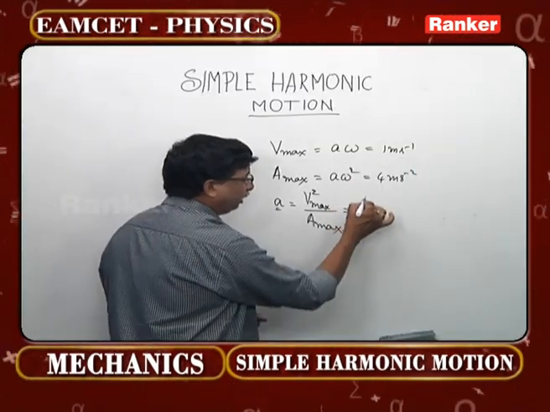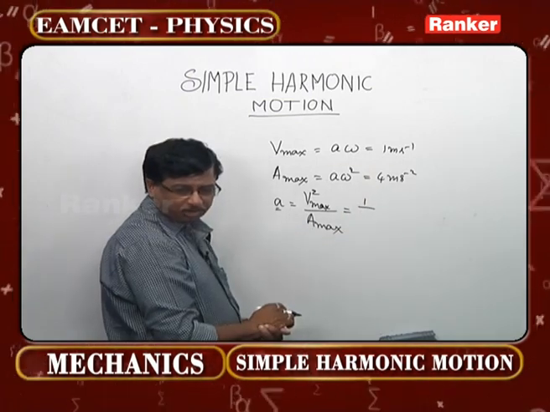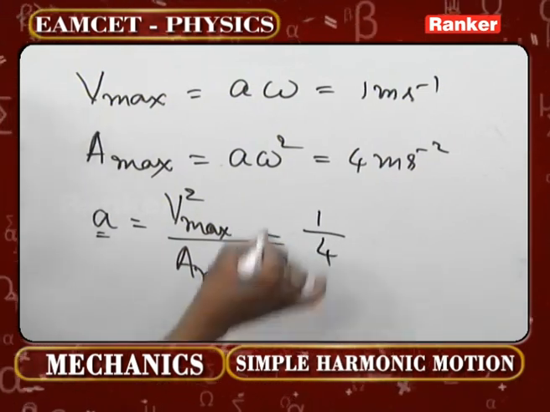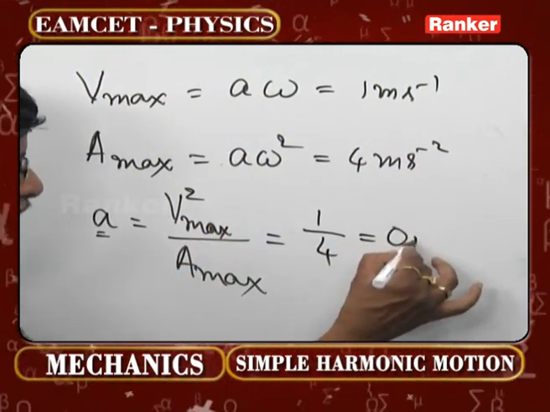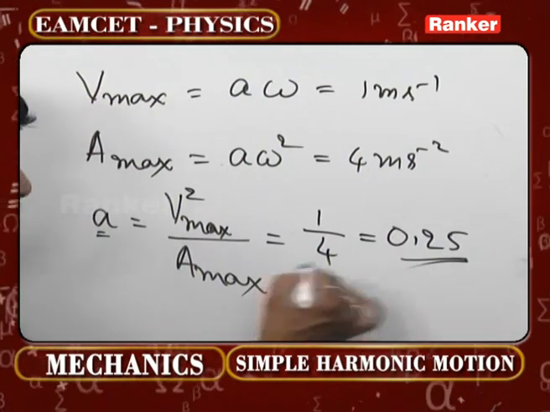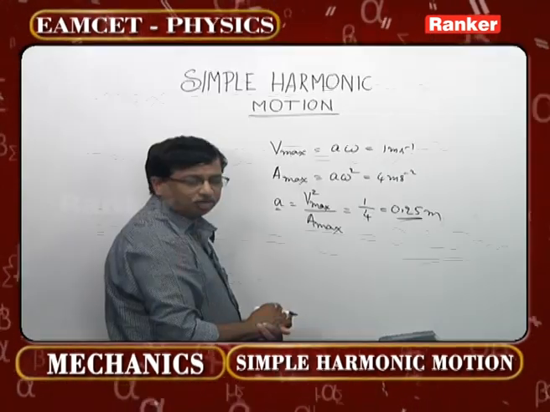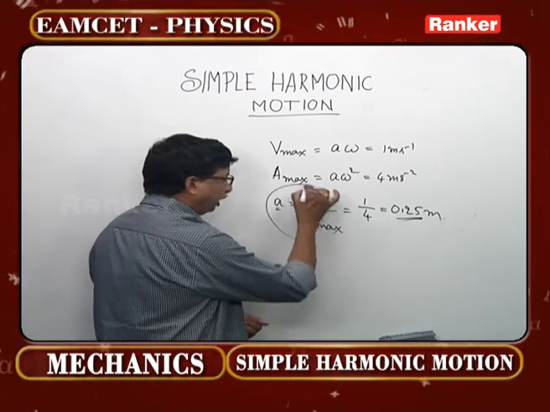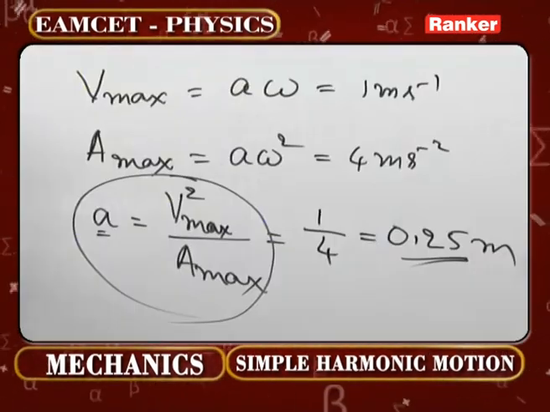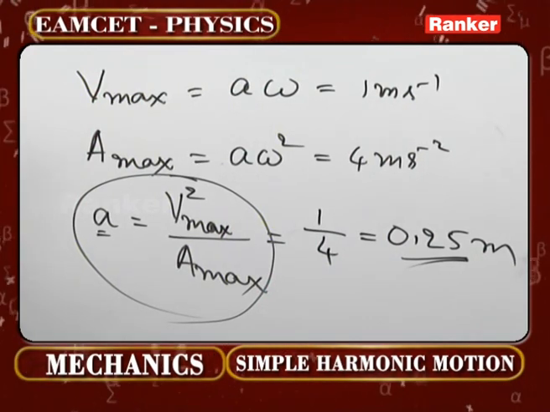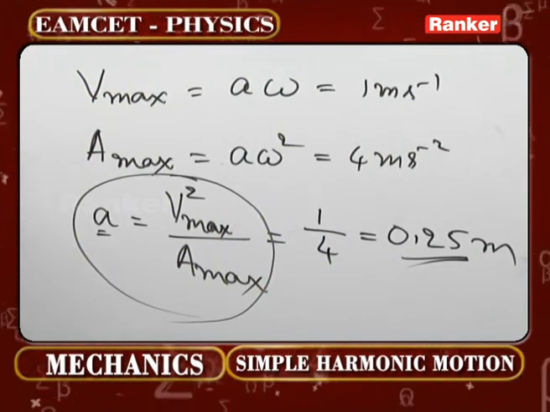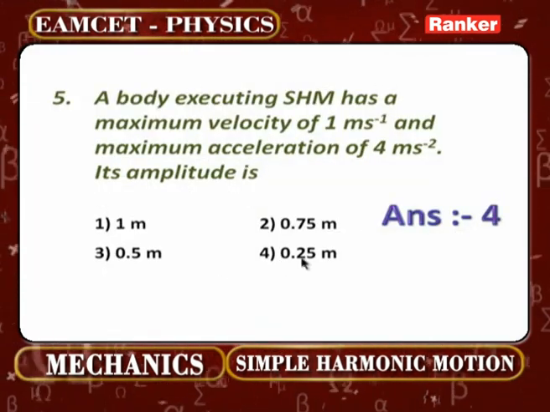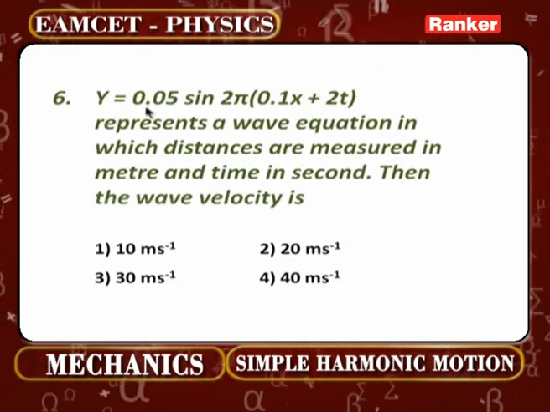V maximum square is 1 square, that is 1, divided by A maximum, that is 4. 1 by 4 is 0.25 meter, the corresponding amplitude. So whenever they ask you the amplitude value, if you remember this formula, you can save your time and calculation as well. So 0.25 meter, which is the fourth option, is the correct option for question number 5. Now let us check the next one, problem 6.